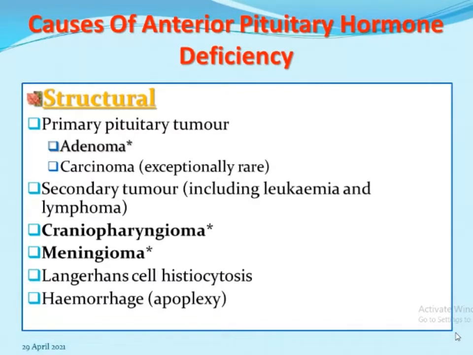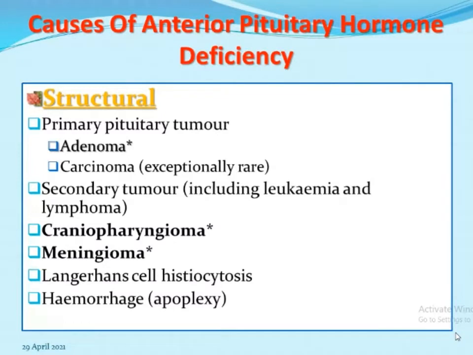So you can see now there is an asterisk, which means that these words in bold are the common causes. Structural causes means that there is something wrong with the size or the anatomy of the pituitary.